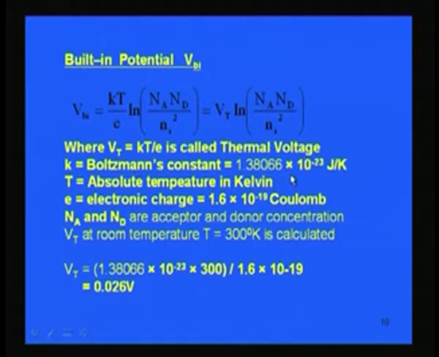This constant is 1.38066 into 10 to the power minus 23 joule per Kelvin. T is absolute temperature in Kelvin, and the electronic charge is 1.6 into 10 to the power minus 19 coulomb.